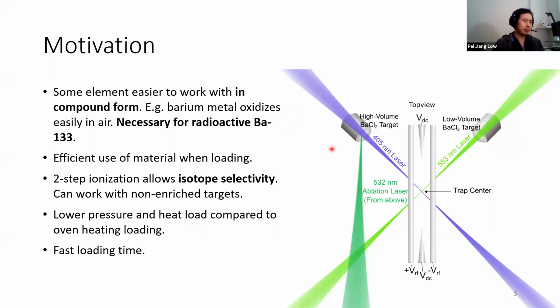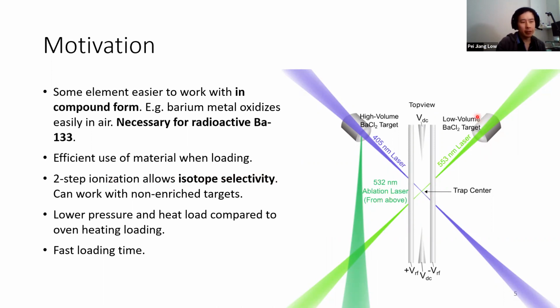The second major point I want to highlight is isotope selectivity. This is unique to the two-step photoionization process and not really unique to laser ablation. We have isotope selectivity because of the first excitation laser. For different barium isotopes, the excitation energy to the first excited state is different.